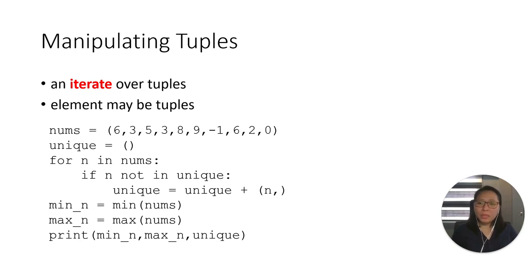And then you will notice here there is min and max. Min gets the minimum value in the tuple nums, and max gives us the maximum value in the tuple nums. Therefore, this program prints out the minimum, the maximum, and the unique values in the tuple nums.